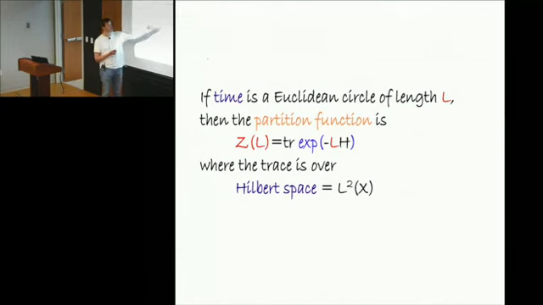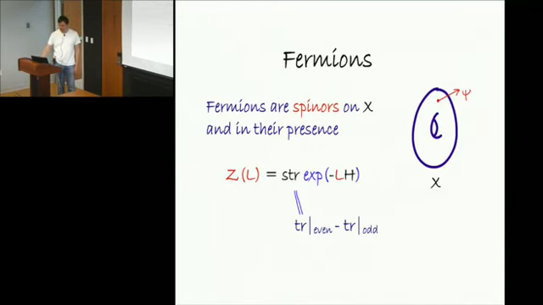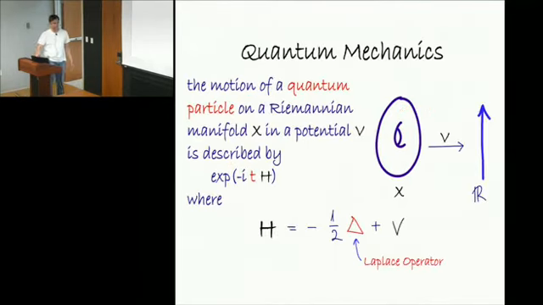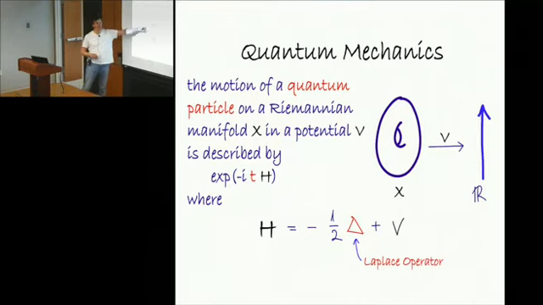If h is a non-negative definite operator, this converges nicely. Now, what is L? The length of the circle. There was evolution taken to some time t. Now that time is first Euclidean, so you remove i, and second you set it to be L.